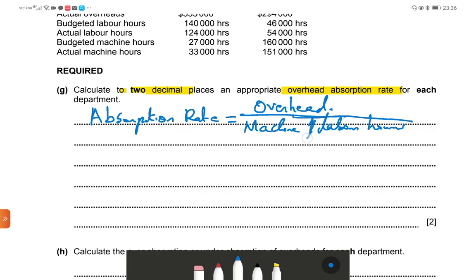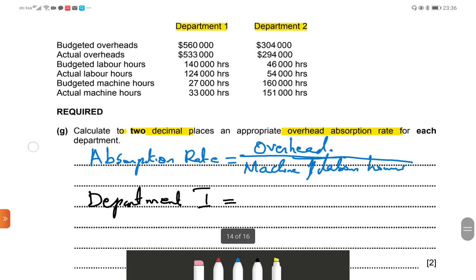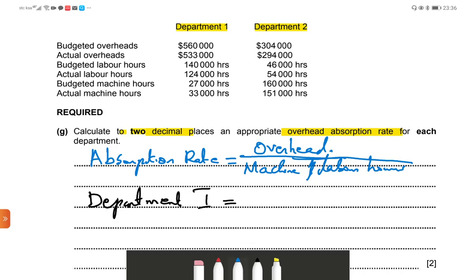So here, department 1 overhead is 560,000 and department 2 is 304,000. To calculate the absorption rate we use the budgeted labor or budgeted machine hours with budgeted overhead.